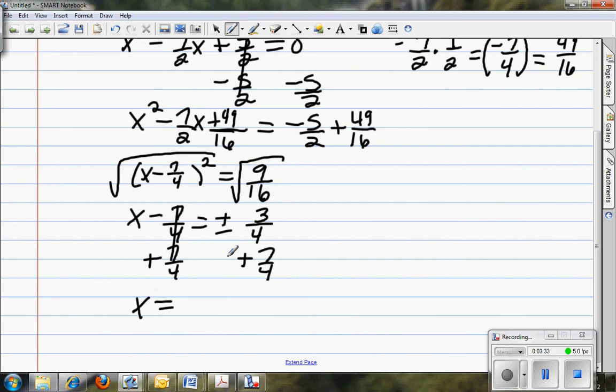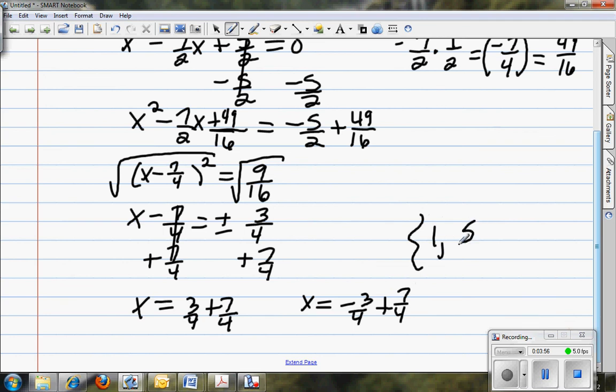So x is equal to positive 3 fourths plus 7 fourths, or x is equal to negative 3 fourths plus 7 fourths. So if we figure that out, our answers are going to be 1 and 5 halves.